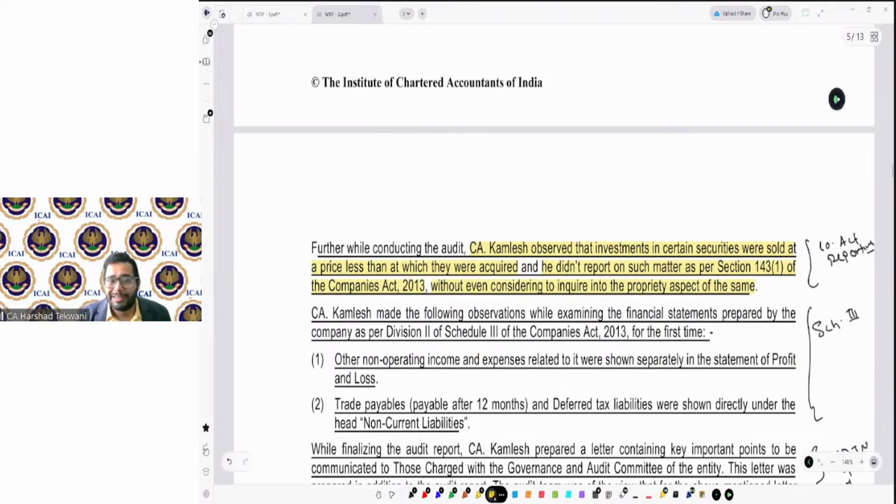Now he did not consider the proprietary aspect, and there was a sale of securities at a price less than that at which they were acquired. Do you think there is a reporting requirement for this?